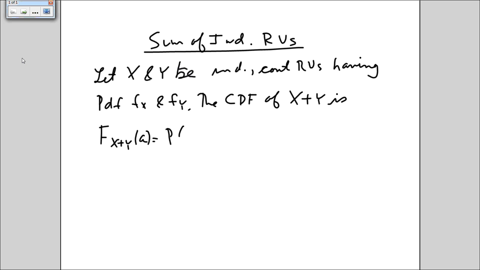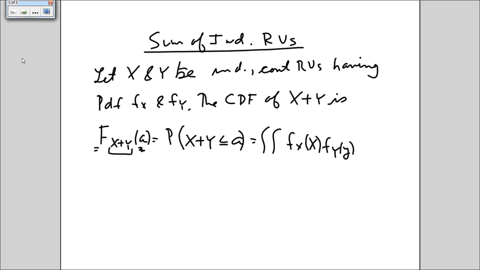And this is going to be the probability, as long as this is big F, I don't care what that says, that X plus Y is less than or equal to a, which is the double integral of f_X of x times f_Y of y dx over x plus y less than or equal to a, which means solving for x, that x is less than a minus y. Just subtract y from both sides.